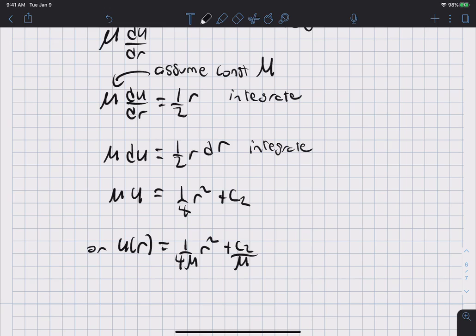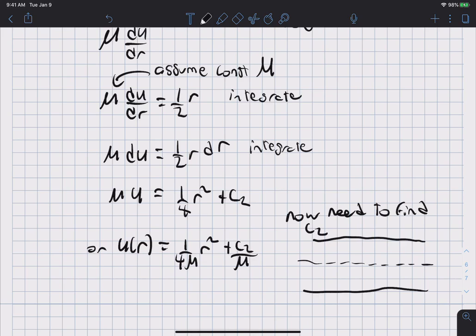And so now we need to find c2. How we find c2 is we recall the no-slip condition. Here's the center line of the channel, r and capital R. At the very surface of the channel, u is equal to 0 by the no-slip condition.